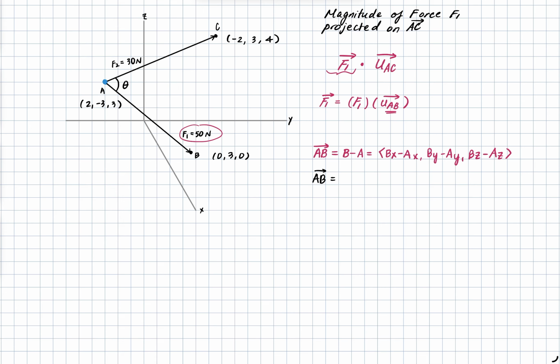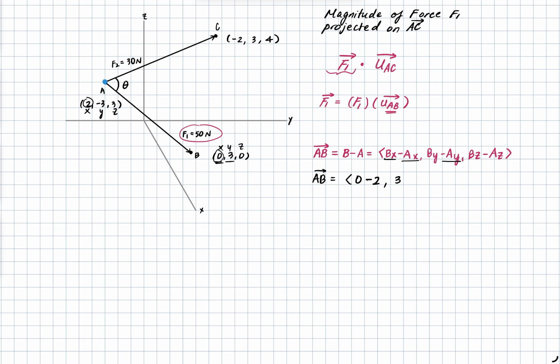equals, so we have BX, which is 0, and this is our x, y, z. For A, we have x, y, z. So we have 0 from over here, and then for AX, we have 2, so minus 2. For BY, we have 3.